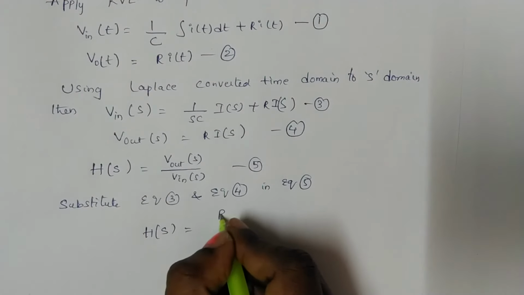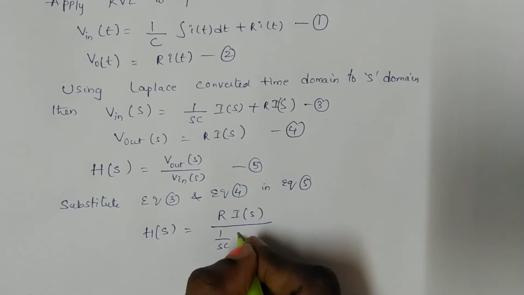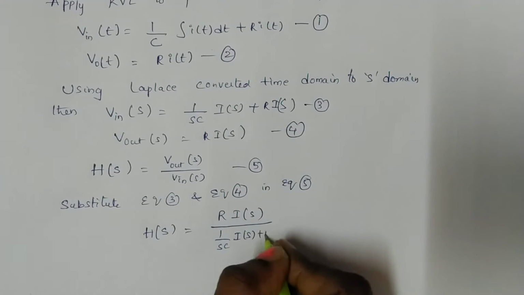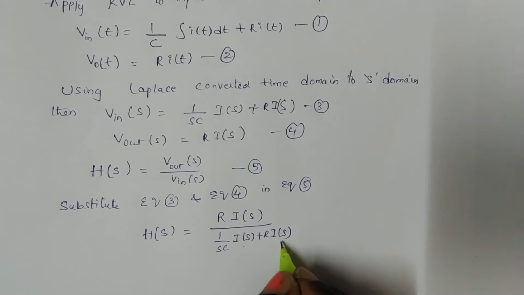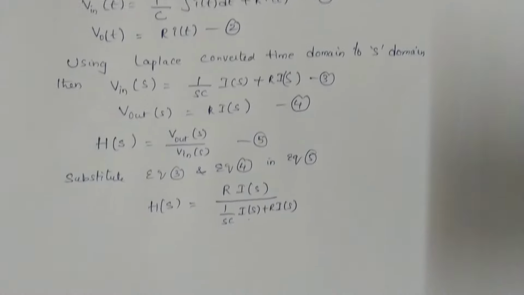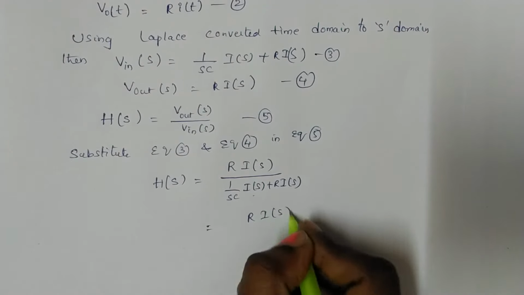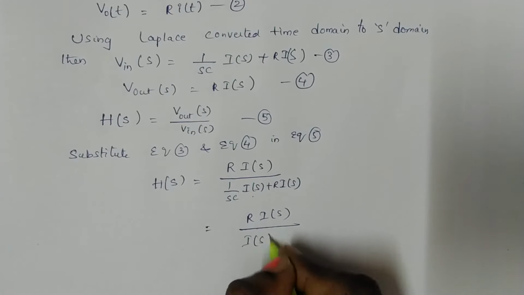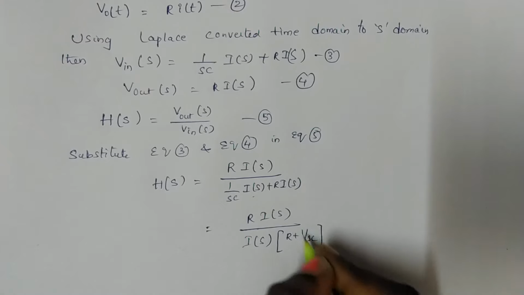Then H of S equal to R into I of S by 1 by SC into I of S plus R into I of S. Now in the denominator, I of S is common. Take the common I of S, and we write it as R into I of S by I of S into R plus 1 by SC.